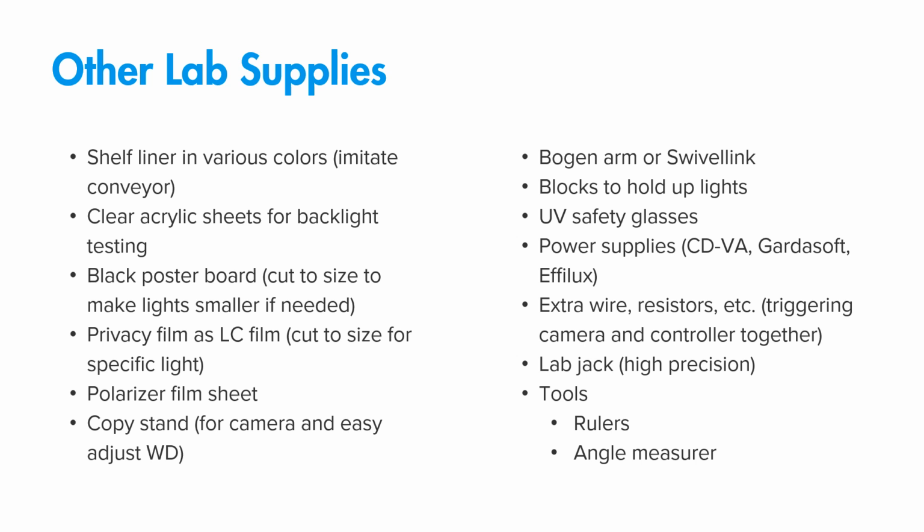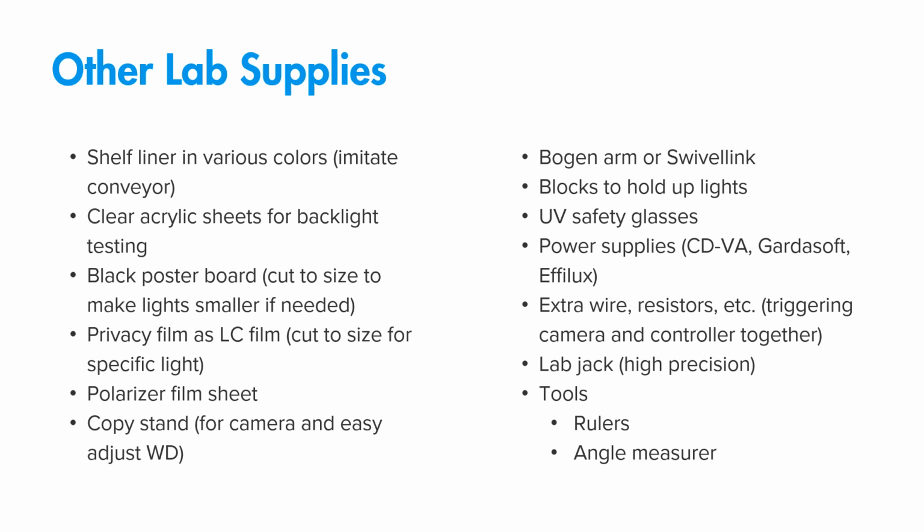This is really useful if you're using telecentric lenses that have a really small depth of field and it's hard to get your camera at the right working distance to get your sample in focus. That's when a lab jack is really going to thrive, because you can use it to do a fine adjustment of your light working distance and get it in focus. If you don't have that scenario, then you do not need a lab jack. So keep that in mind.